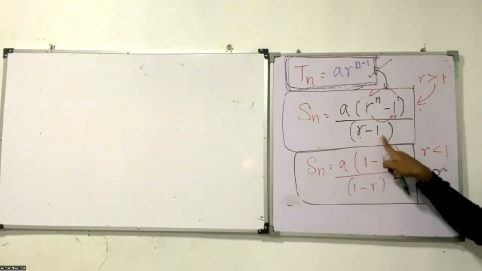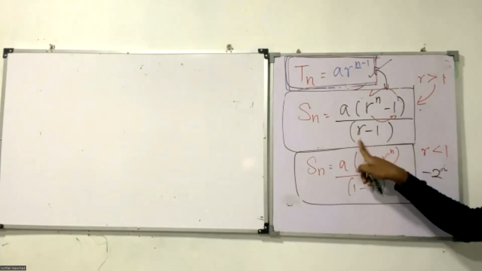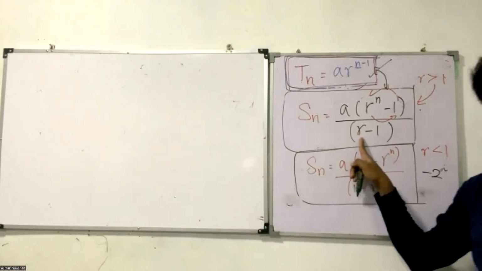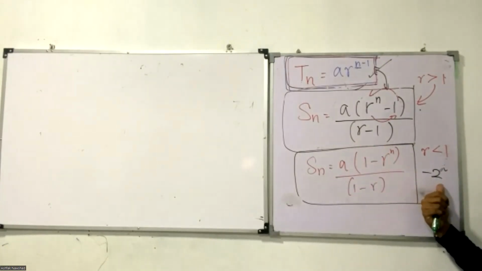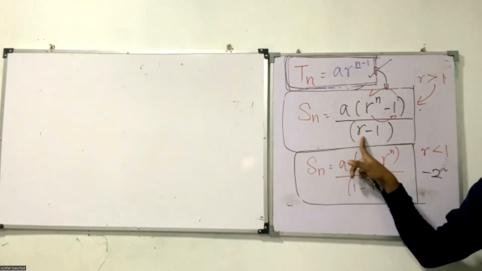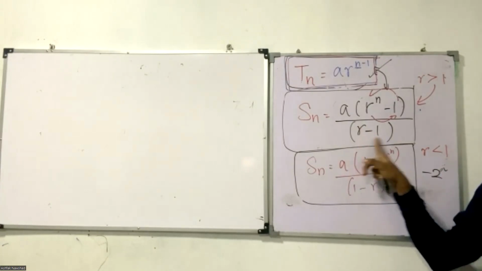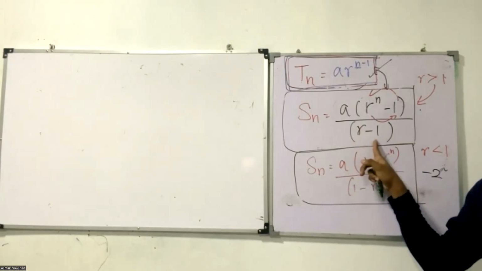See, -2 -1 is -3. If the ratio is -2, you substitute it to this formula, the answer tends to be negative. -2 -1, it tends to be negative always.